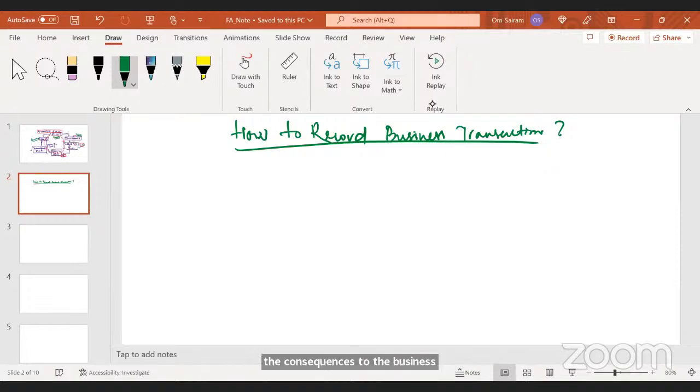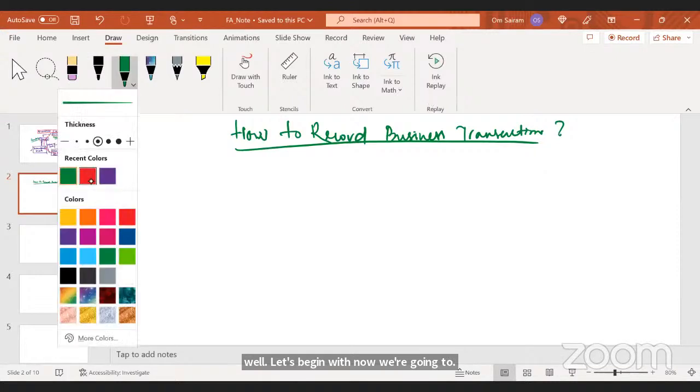So how do we record business transactions or events? I hope you understand business transactions as well as business events. Now we are going to discuss how to record transactions or events. So dear friends, please remember these steps.